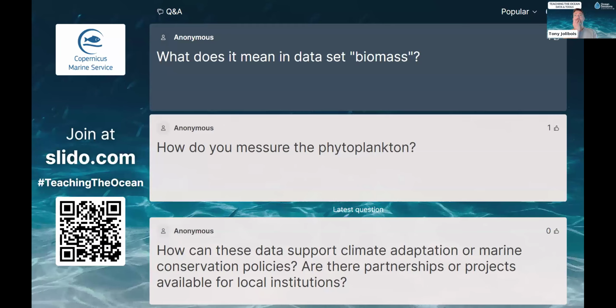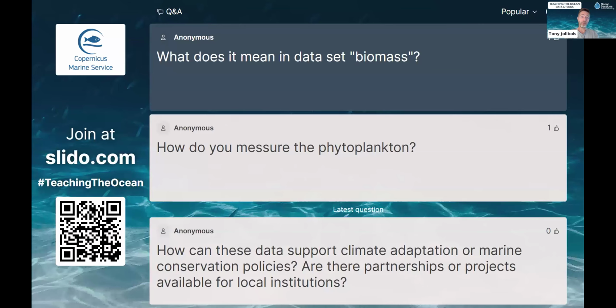The general question, but biomass is the total mass of living organisms in the seawater. So it includes many organisms living in the ocean.